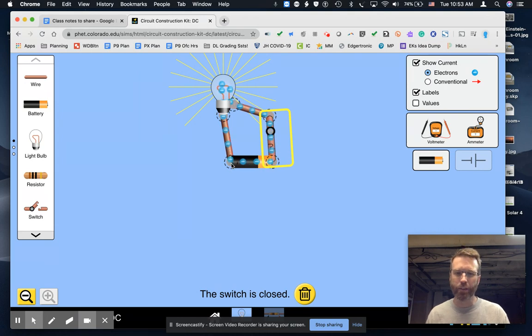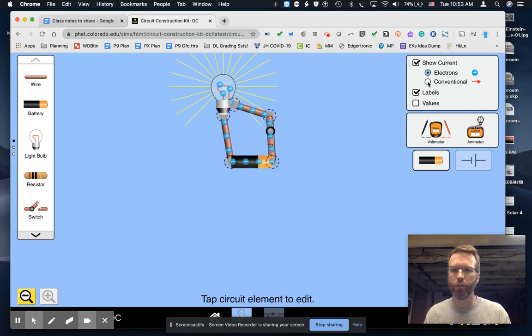That's actually what's happening. Now, strangely, you'll notice up here it says show current, electrons or conventional. If we flip this over and show conventional current, the conversation most people have in physics when they talk about current is that it flows from positive to negative. That's not really what's happening, yet it is the conventional conversation we have. Honestly, the reason is because Ben Franklin screwed up once, but that's another day's conversation.